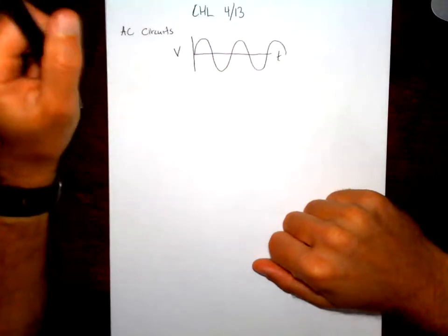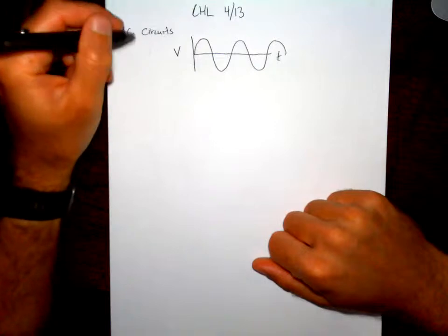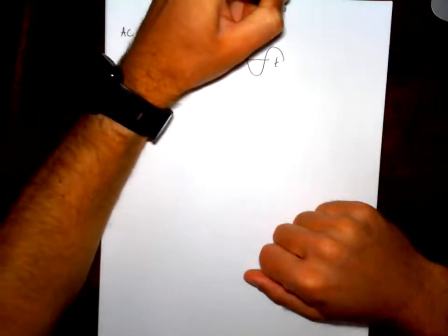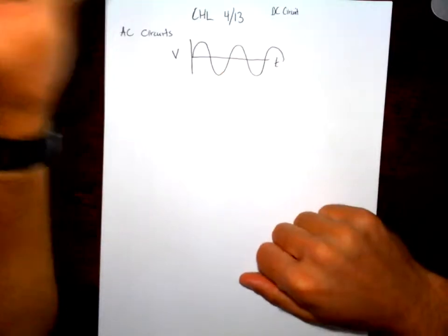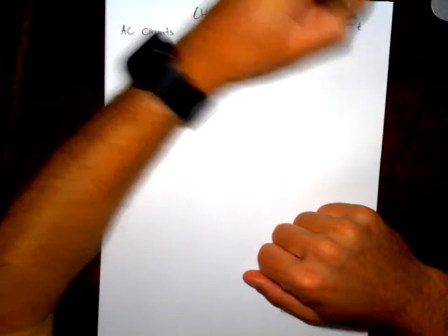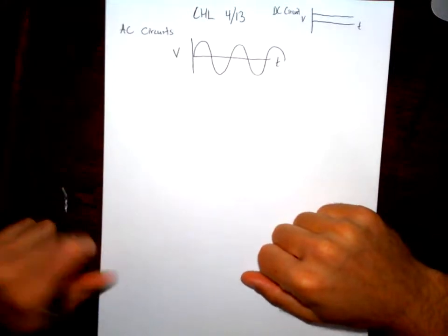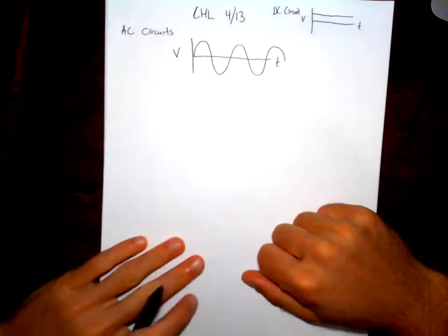I guess I should contrast it with a DC circuit. For a DC circuit, the voltage as a function of time is just flat, it's constant, okay? So for an AC circuit, the voltage as a function of time is changing.